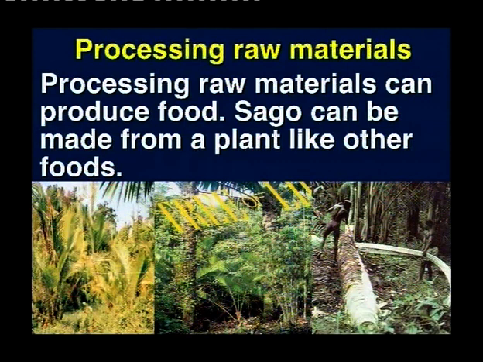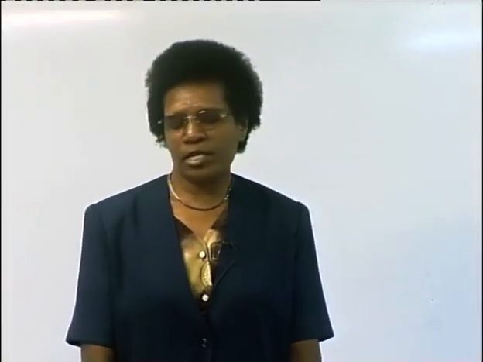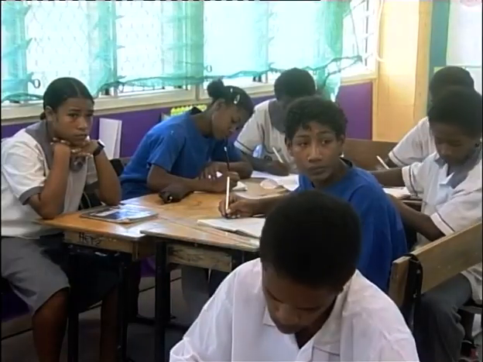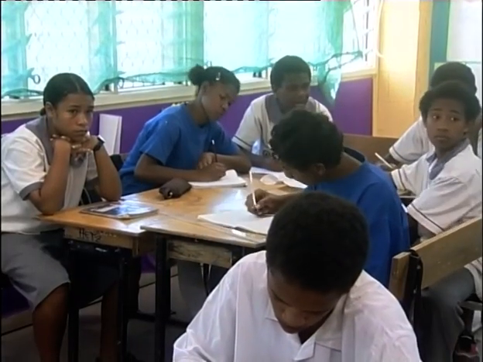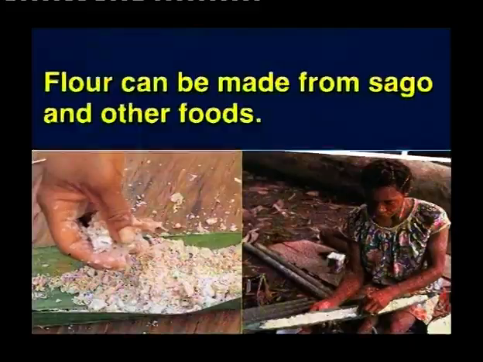Now, we had a look at a sago palm tree. From that tree, or from that plant, we can get or make food. And that is exactly what you will be looking at as we go along. It also says flour can be made from sago and other foods.